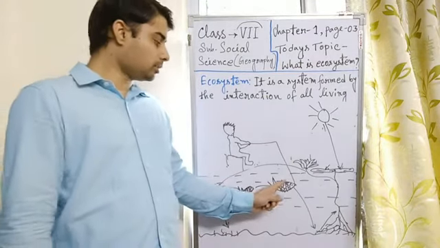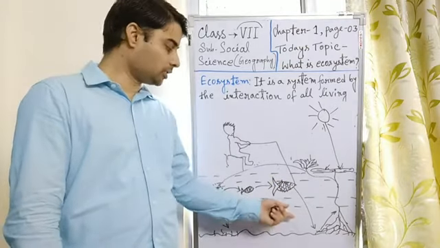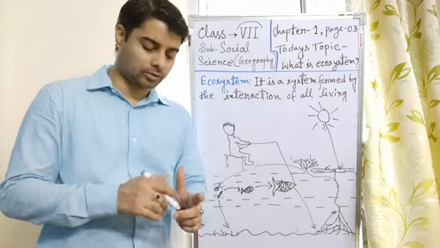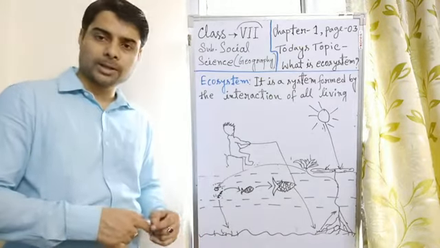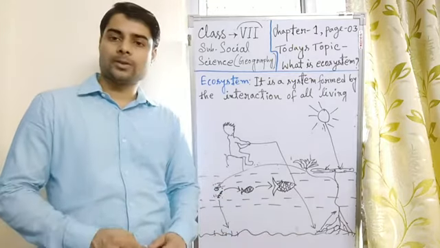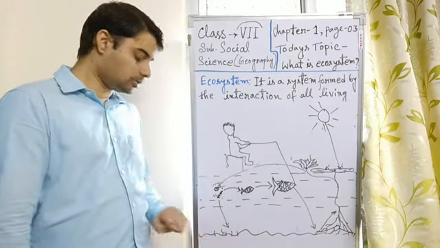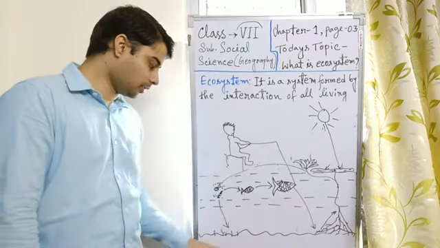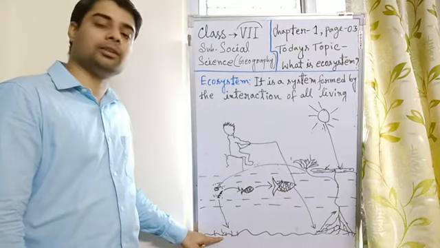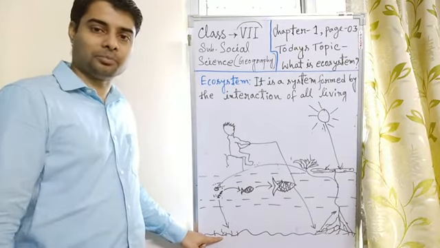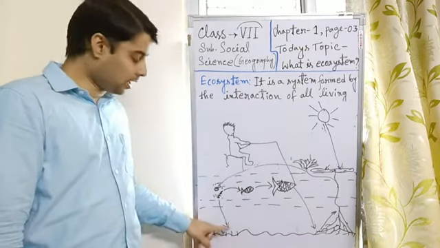In a similar way, after the death of these fishes, or when fishes dispose of waste material from their body, all the materials mix with the soil, and again those phytoplanktons receive those nutrients, that energy, back. It's a circular way. Again it comes back to them, and again this circles.